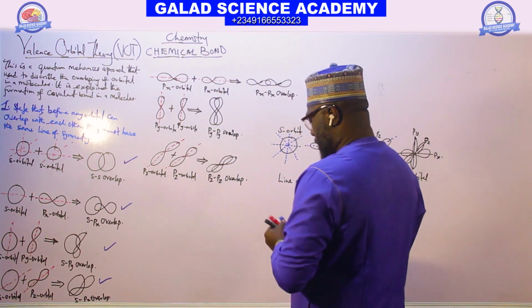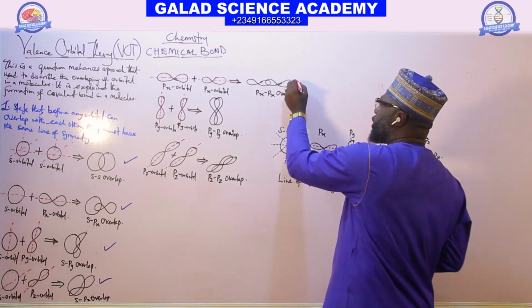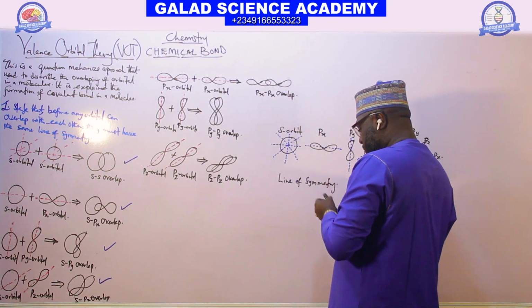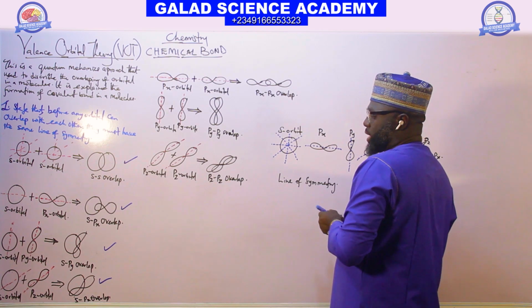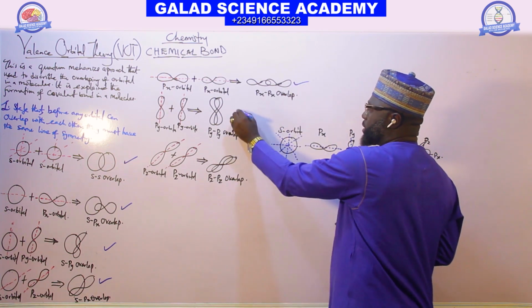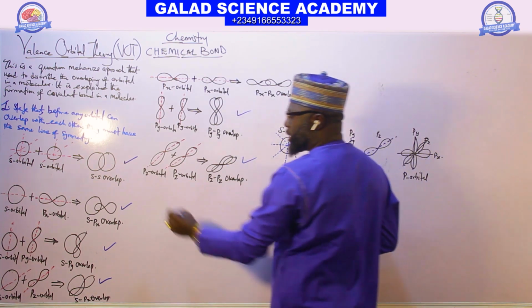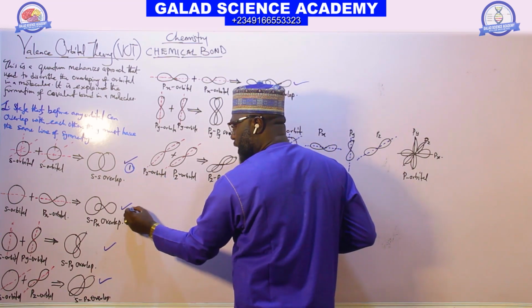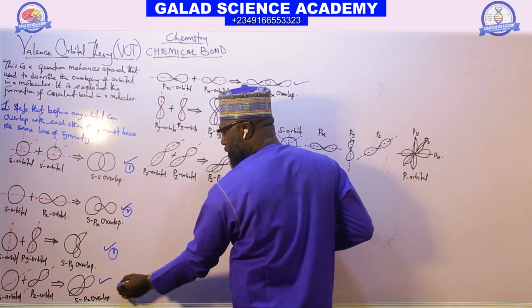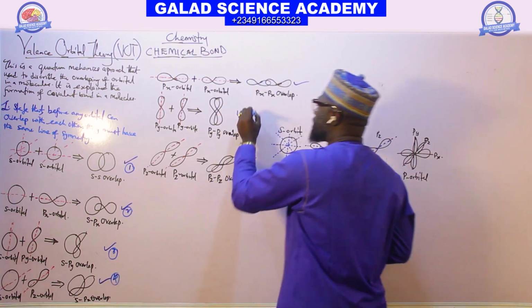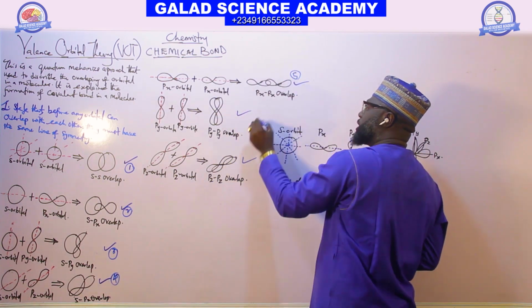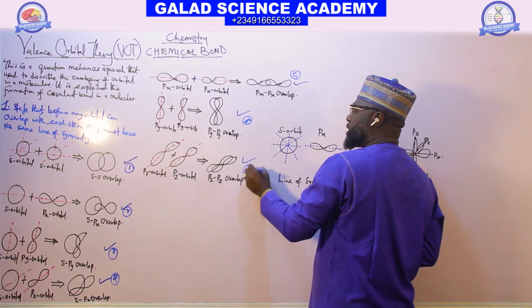So how many possible ways of overlapping do we have? This is the first possible way. Second, third, fourth, fifth, sixth, seventh.